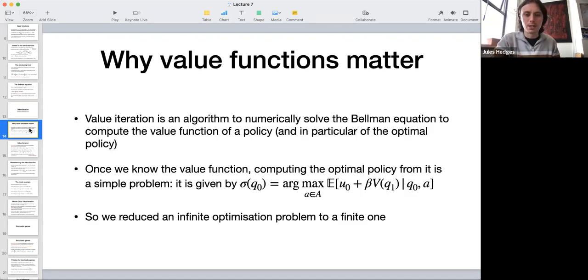First of all, let's see why we actually care about the value function. So if it's so difficult to solve the Bellman equation, why should we care?